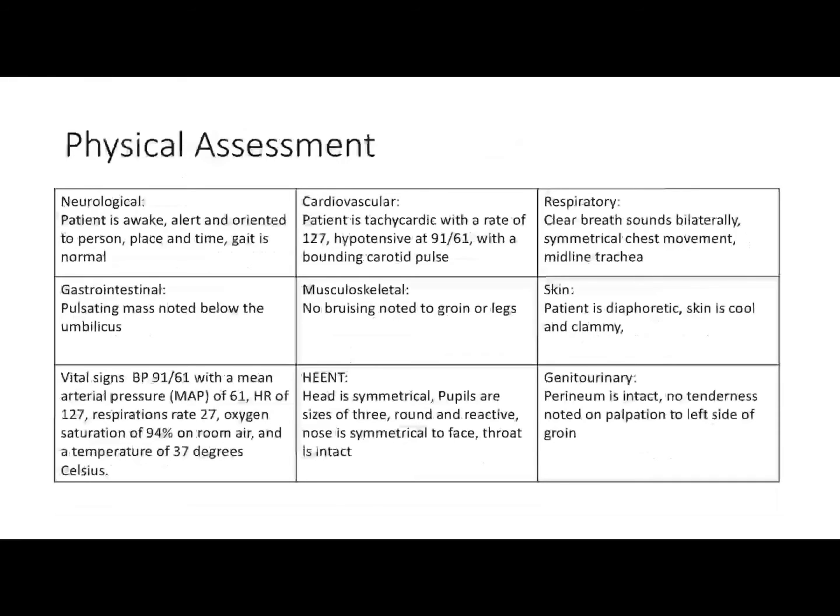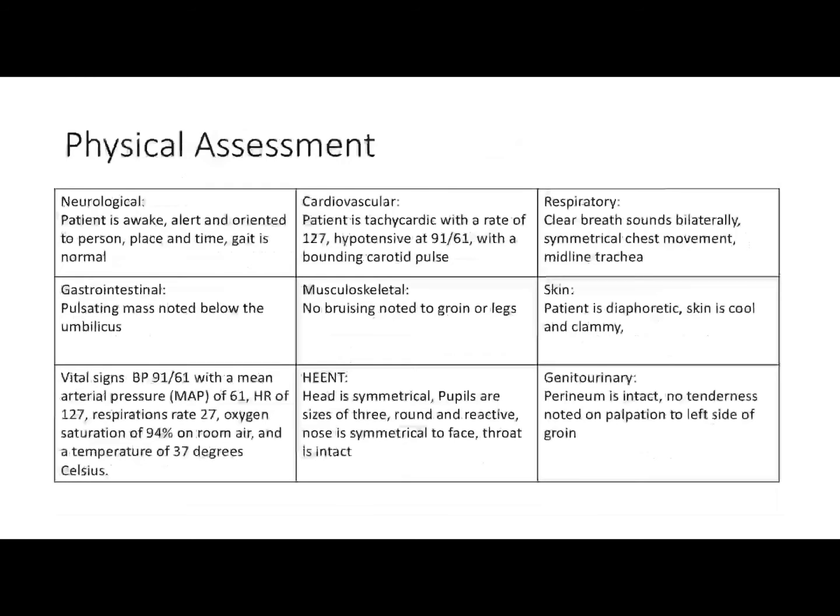His respiratory system shows clear breath sounds bilaterally, symmetrical chest movement, and a midline trachea. Gastrointestinal yields a pulsating mass noted below the patient's umbilicus. Musculoskeletal shows no bruising at the groin or legs. Skin yields that the patient is cool, clammy, and diaphoretic.